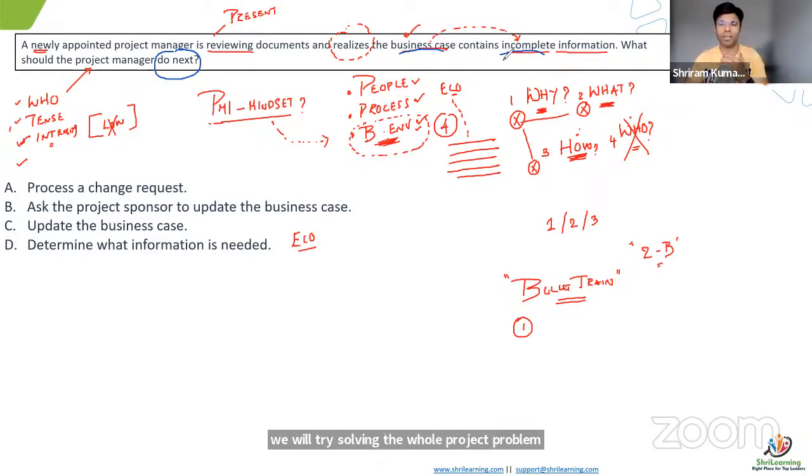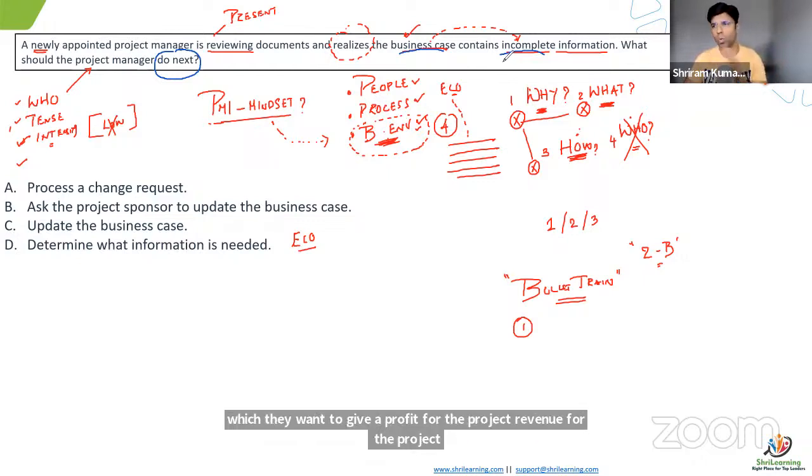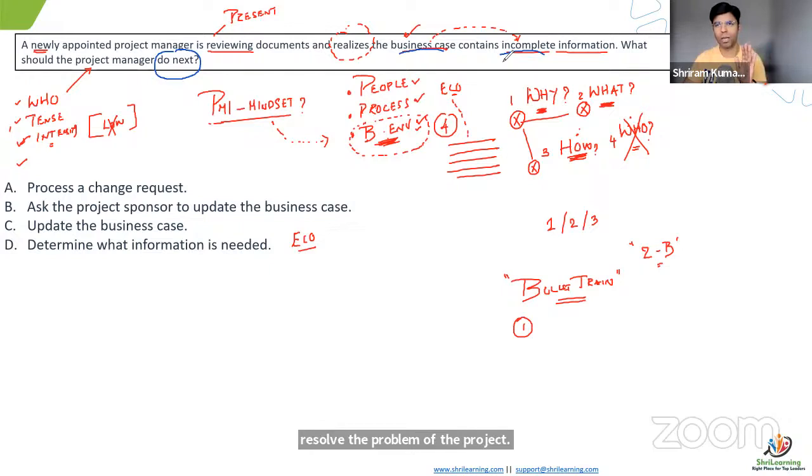There is one mentality with some people. When they read one line, they want to give a profit for the project, revenue for the project, resolve the problem of the project. PMI doesn't want that. You don't want to become a hero with one question. Don't do that. What is the next step?